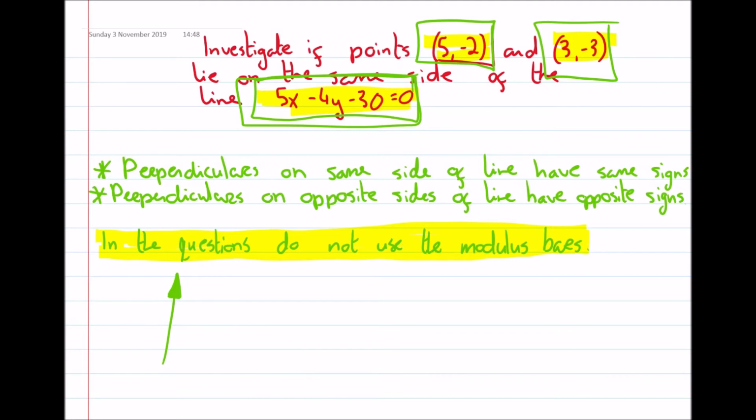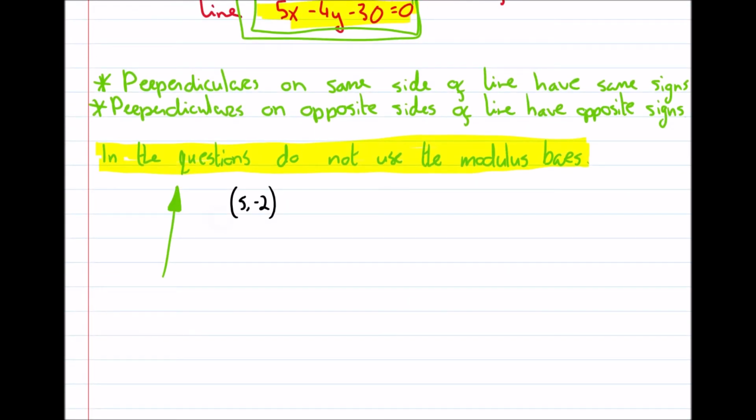Right, let's go. So first of all, I'm going to get the distance from point 5, minus 2 to 5x minus 4y minus 30 equals 0.